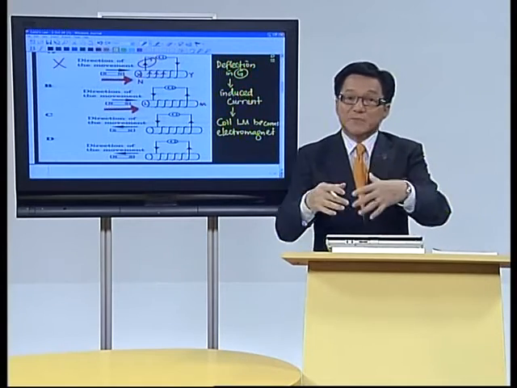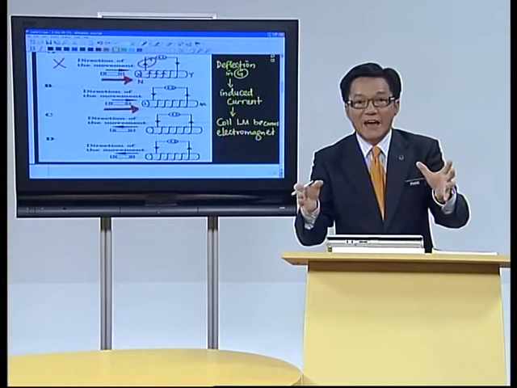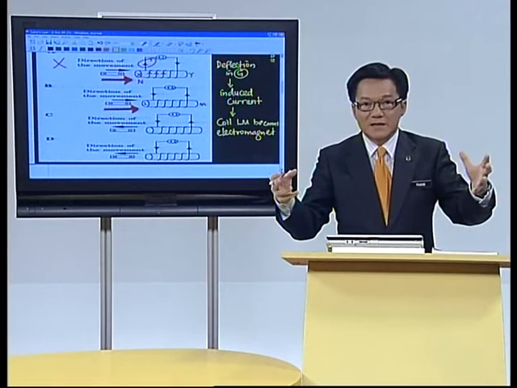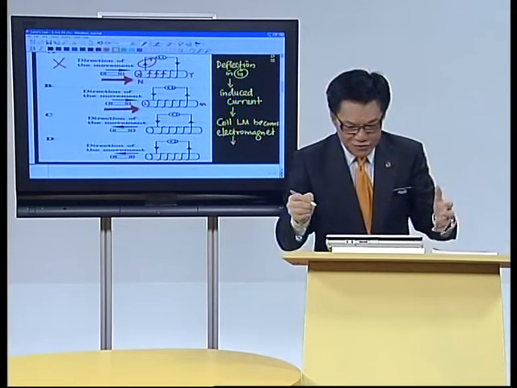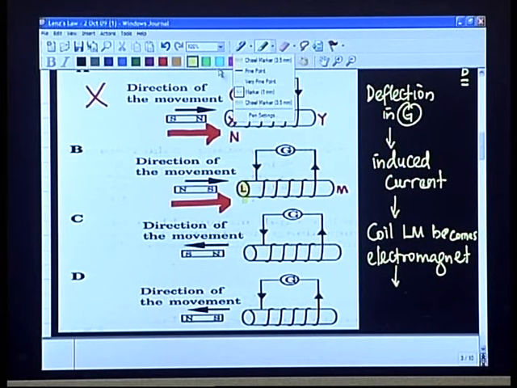And since it has become an electromagnet, L and M must each have a pole. The poles of a magnet, north or south. So now we have to determine. I'll just take L. I will highlight for you. Take L. L must be the north or south.